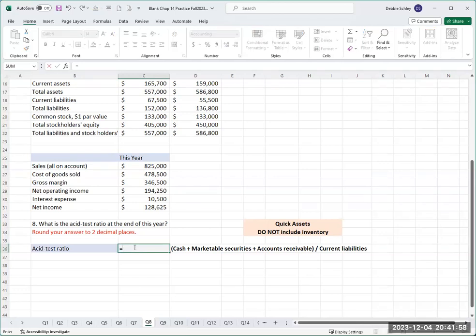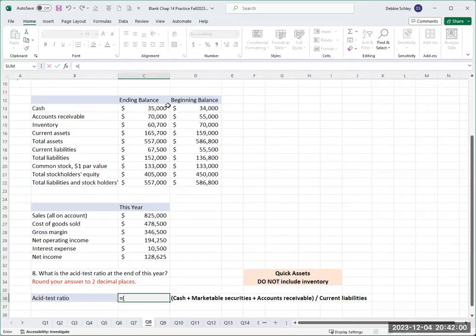So equals parentheses ending cash balance plus ending accounts receivable balance divided by current liabilities. So my asset test ratio, and again, this is just a number rounded to 2 decimal places, not a percent, not dollars, it's just a number, 1.56.